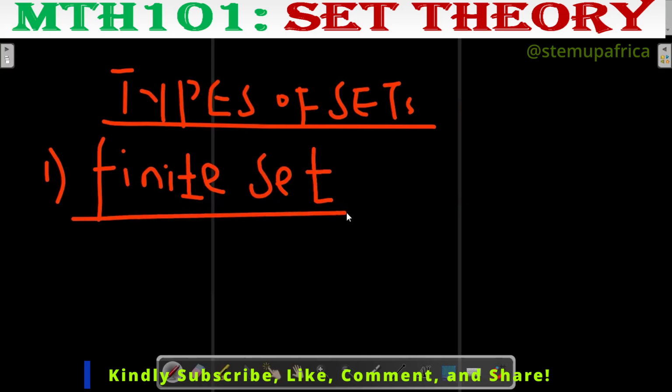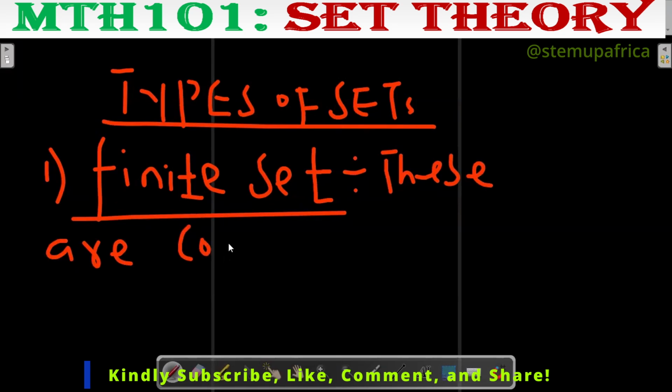So what are these finite sets? These are countable sets. Things you can count.